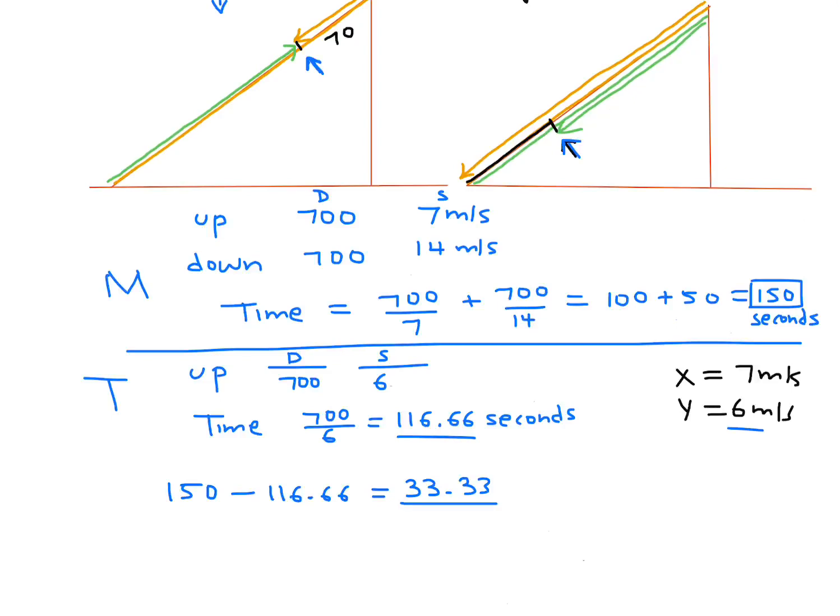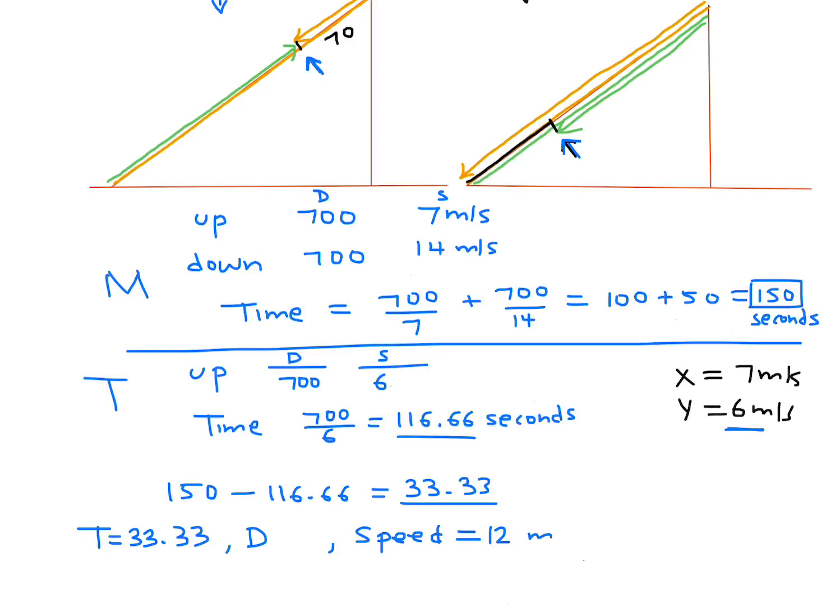So we have to figure out his distance after 33.33 seconds going downhill. So now we've got time is equal to 33.33, and distance is what we're trying to figure out, and speed. What's our speed going downhill? It's 2 times 6, remember?